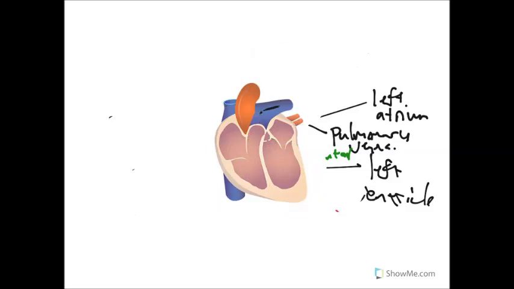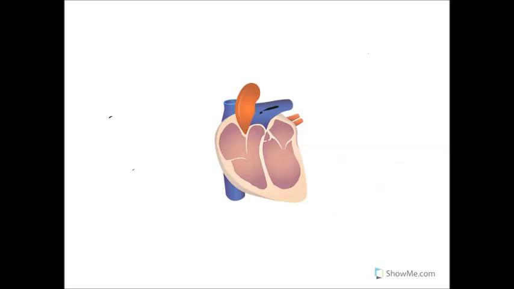So let's look at the real thing, right? We're going to take our deoxygenated blood through the inferior vena cava and superior vena cava and bring that blood into our right atrium. As it fills up, that blood passes through the right AV valve, fills up the right ventricle, and then eventually there's a valve here that we would exit to the lungs out the pulmonary semilunar valve.